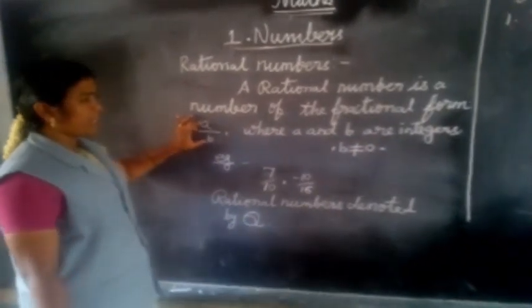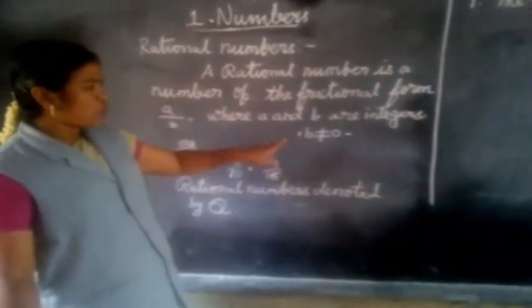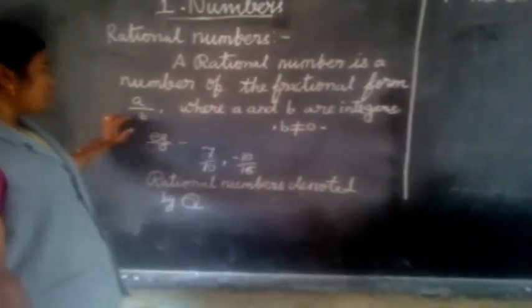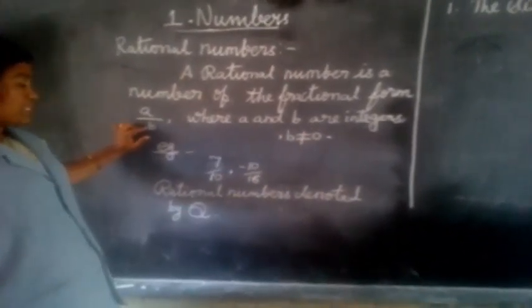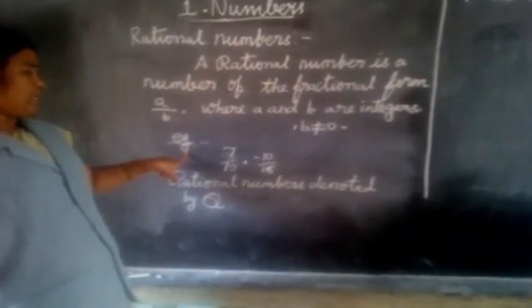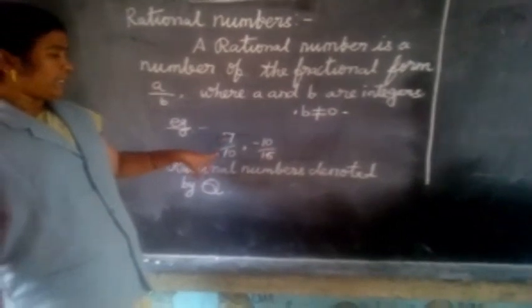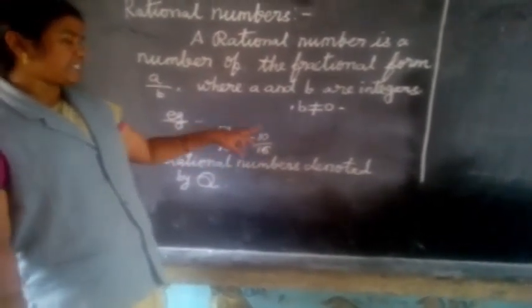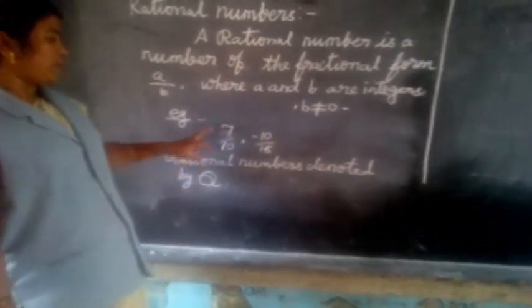Both a and b are integers, and also note that b is not equal to 0. Examples: 7 by 10 and minus 10 by 16. These are examples of rational numbers.